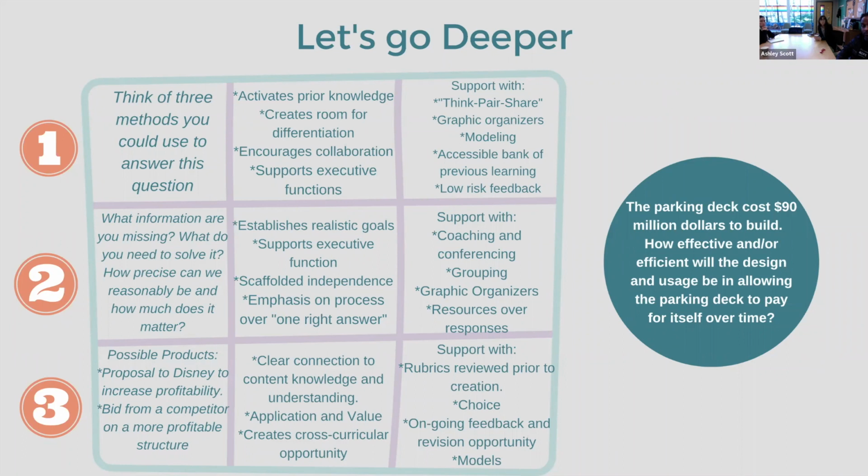Step 2 is where we're going to spend the most time. What information are you missing and what do you need to solve it? And also with our gifted kids, especially, reasonable ideas. How precise can we reasonably be, and how much does that precision matter? We're going to have some gifted kids who will not feel like they have solved this problem unless they can calculate the exact number of parking spots in the deck.